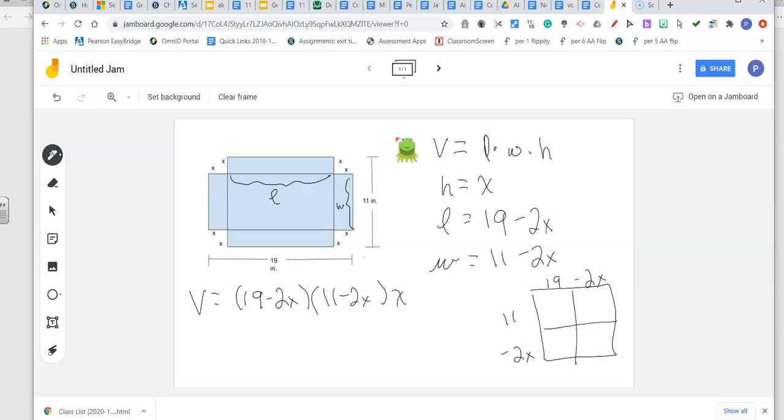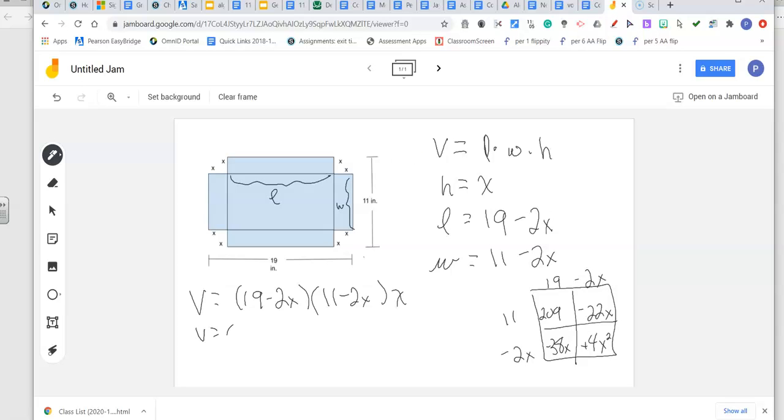I do a little math here, and I get this to be 209. And this would be minus 22x. And this would be minus 38x. And then plus 4x squared.